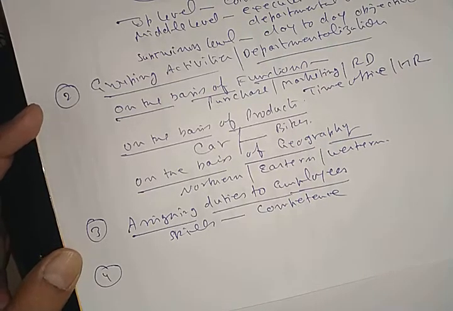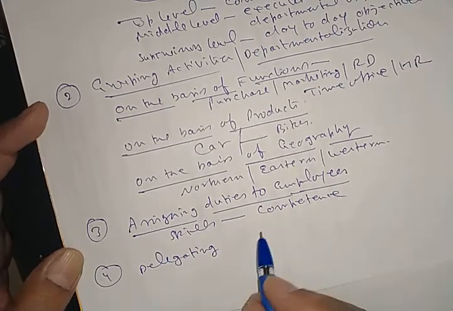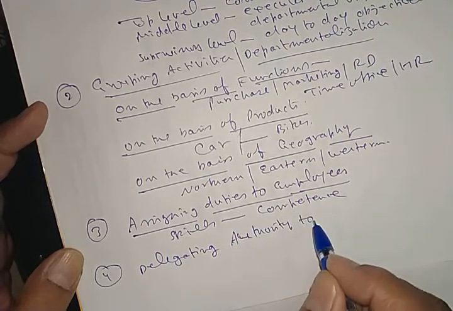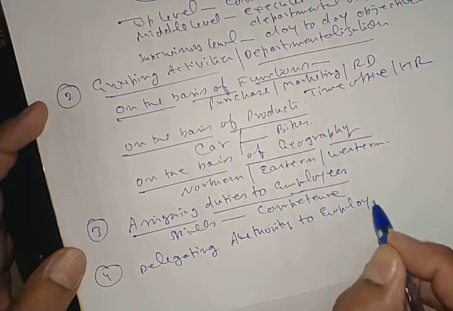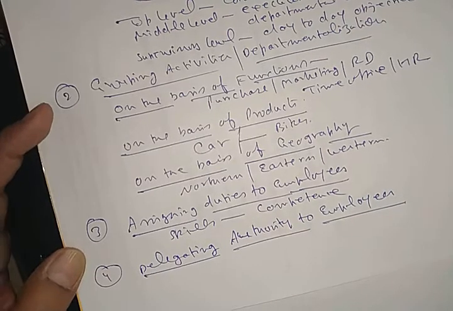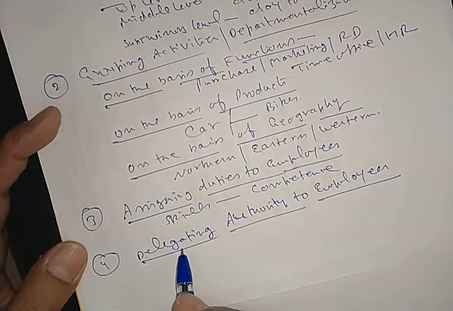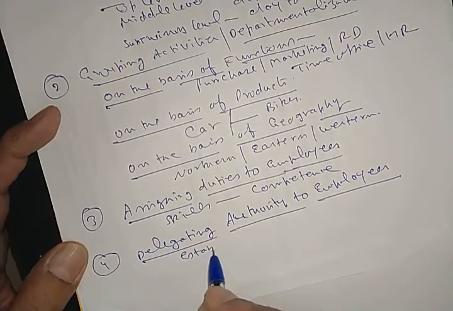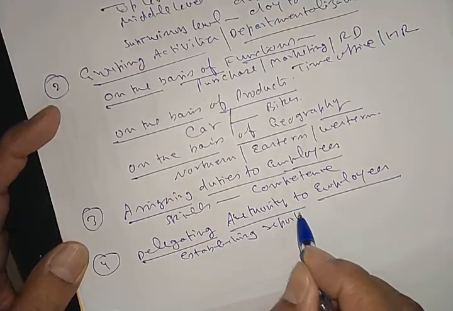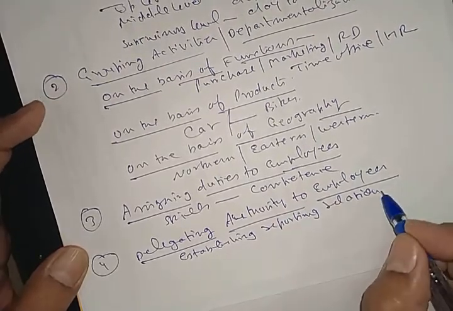Now number 4 is delegating authority to employees. What does it mean? While delegating authority, the manager should work on establishing reporting relationship.